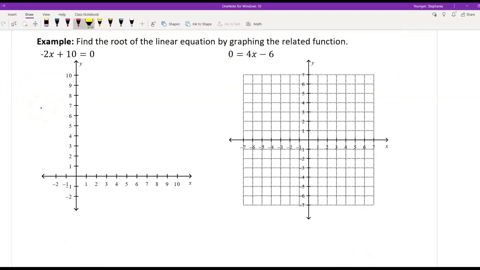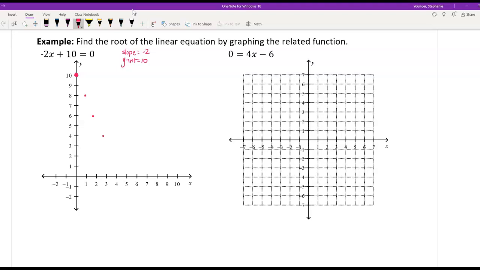So let's take a look at this example right here. We have a classic linear function, y equals mx plus b. So my slope is -2 and my y-intercept is 10. So using that knowledge, I have that point at 10 and then it's down 2, right 1, down 2, right 1, down 2, right 1.